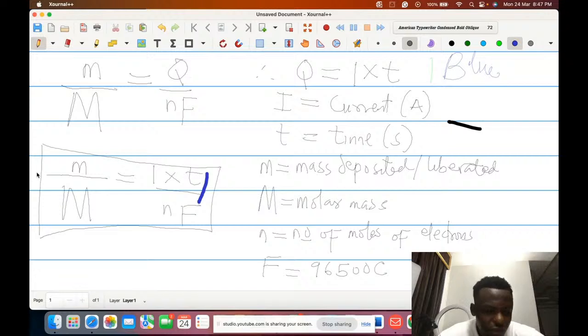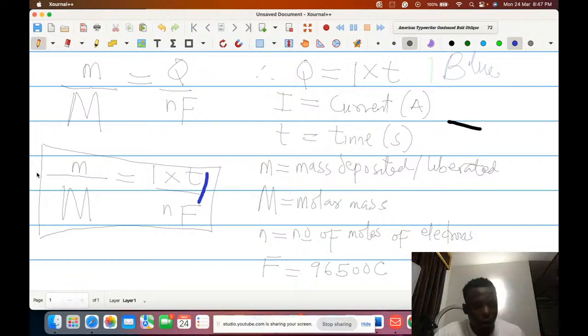So anytime you're asked a question in electrolysis, the formula I enclosed in a square bracket is what you're to look out for: mass, small m, over molar mass, capital M, equals I times t over nF.